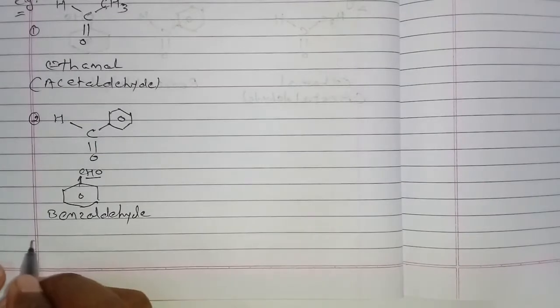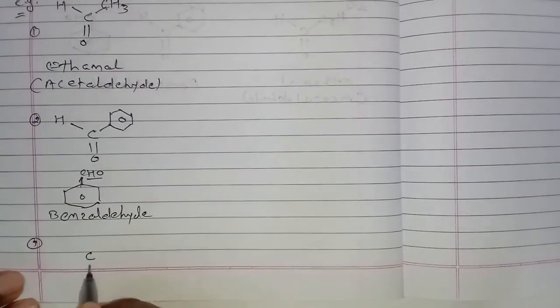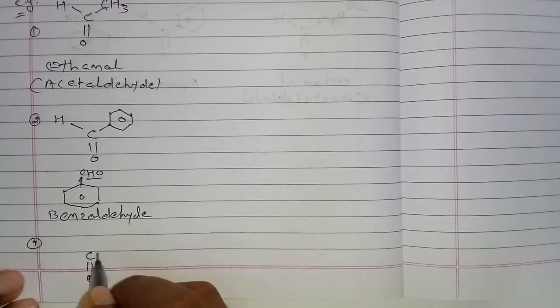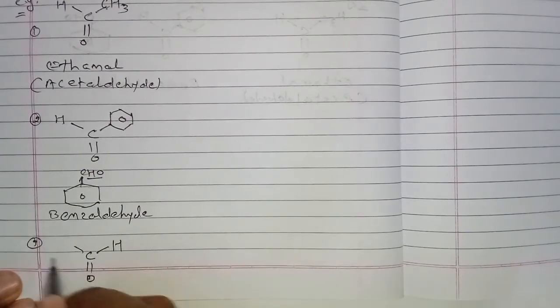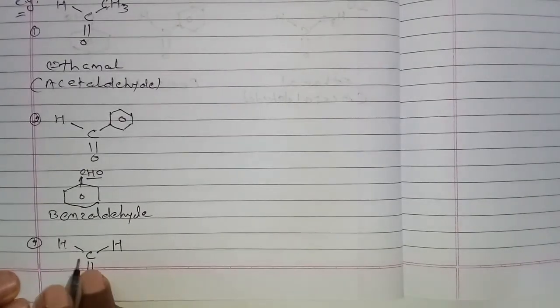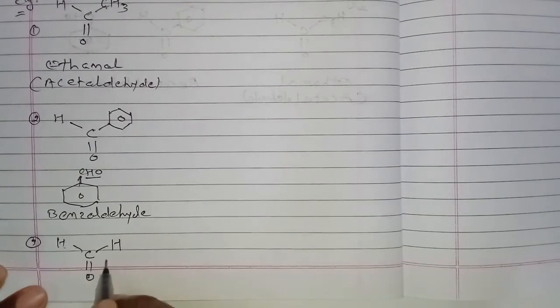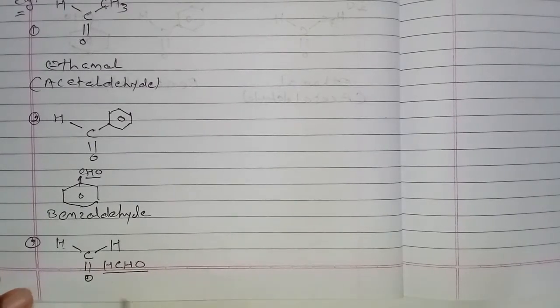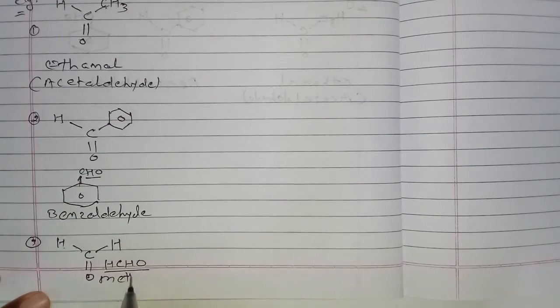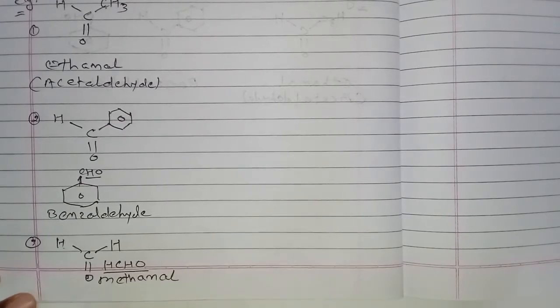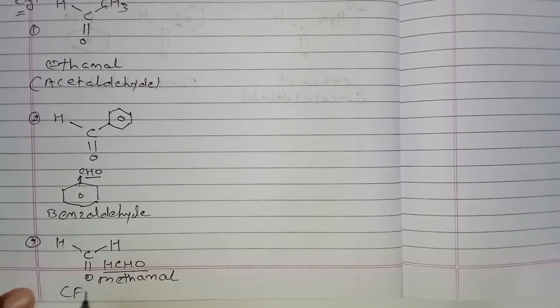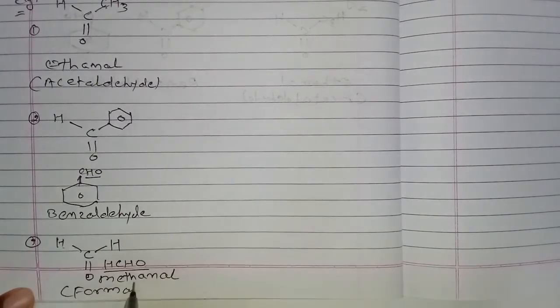One exceptional case: the carbonyl group of the carbon is bonded with two hydrogen atoms, and its simple structure is HCHO. It is called methanal, or its common name is formaldehyde.